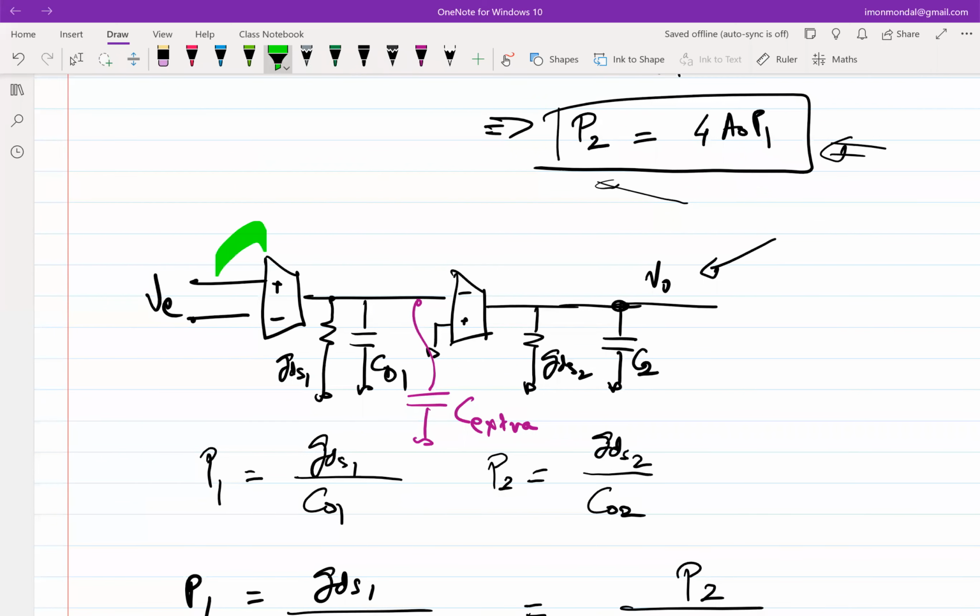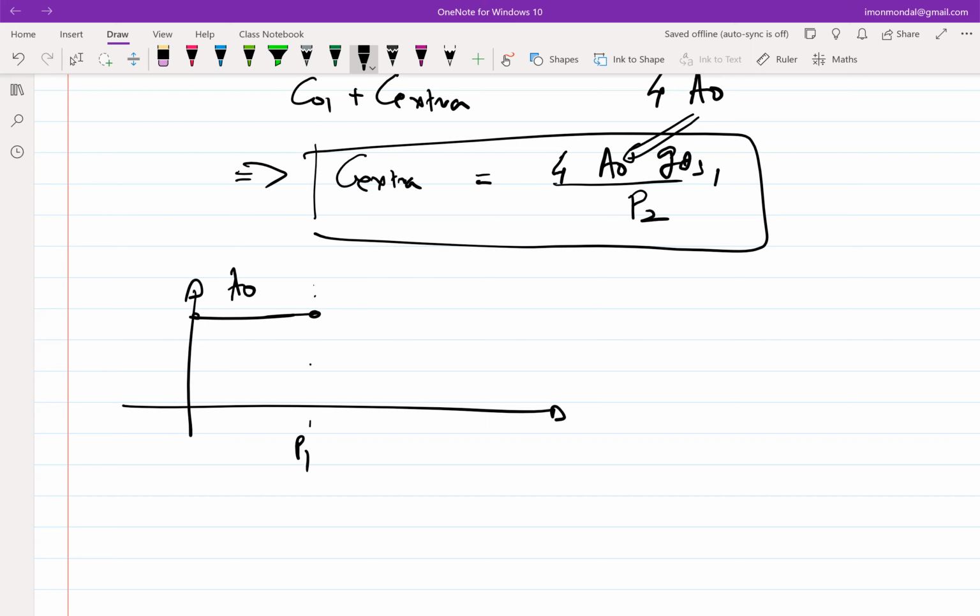So without putting this C extra, our Bode plot would have looked like this: let's say you have P1 here, and you had P2 somewhere here. But now you have changed P1. Have you increased P1 or decreased P1 by putting C extra?